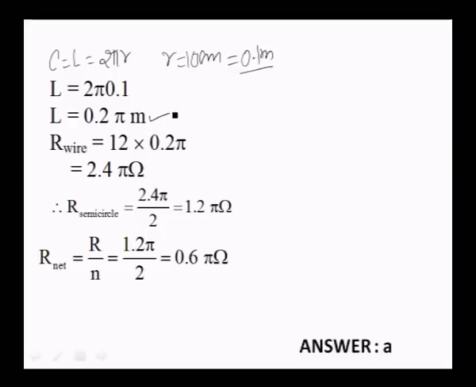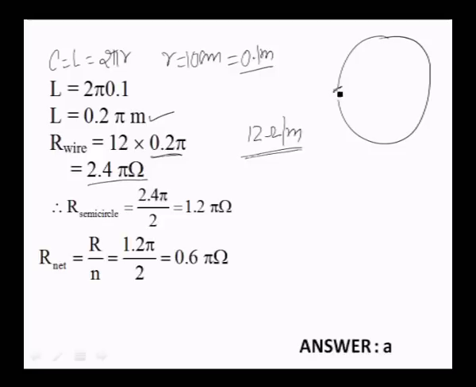I want to calculate the total resistance of the wire. They were given 12 ohm per meter, that is resistance per unit length, multiplied by the length, 12 into 0.2 pi, which gives 2.4 pi ohm, that is for the entire circle.